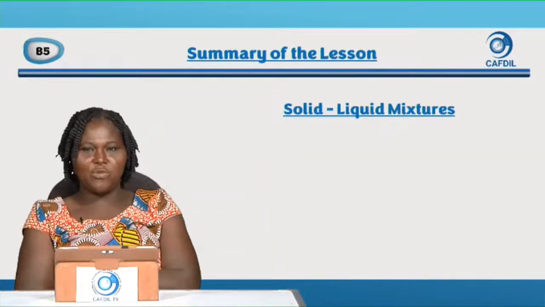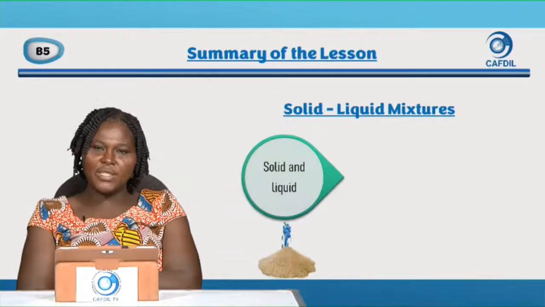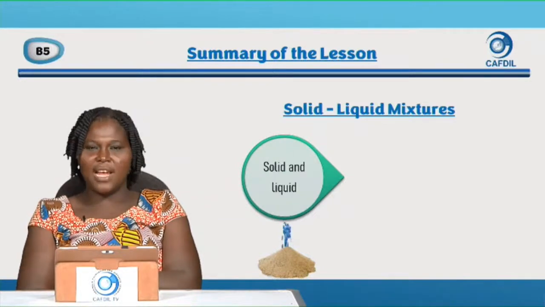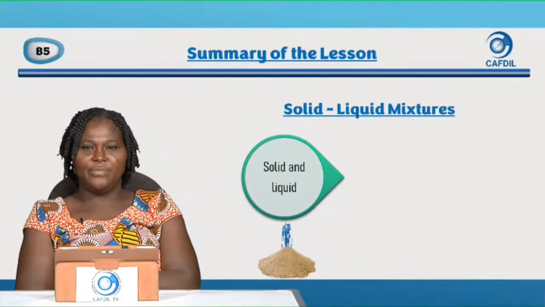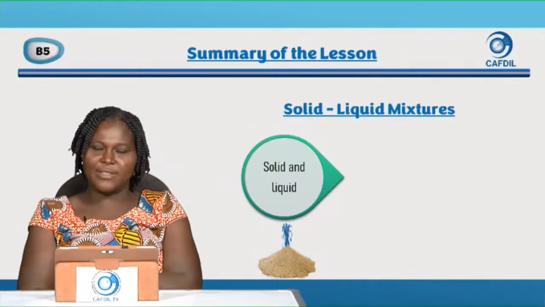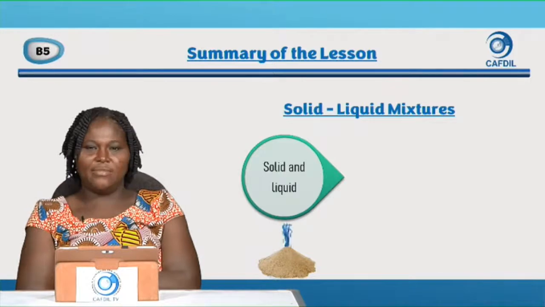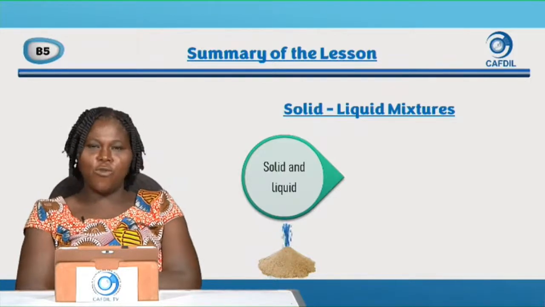Solid liquid mixtures. Now we looked at the solid, a substance that cannot flow freely, where the particles are fixed. And we looked at the liquid, a substance that can flow freely.